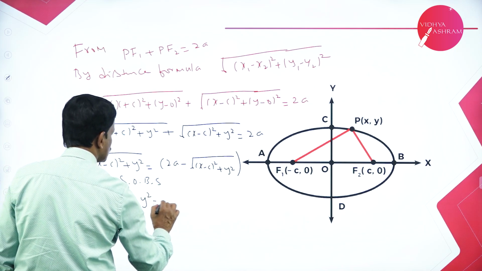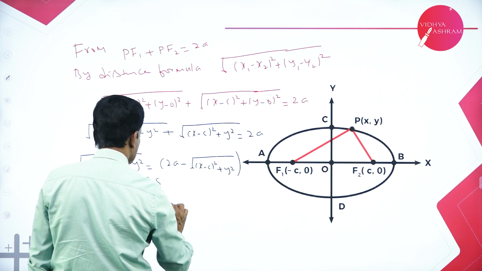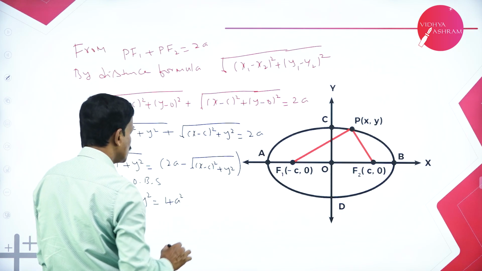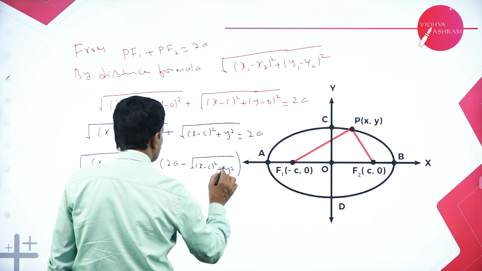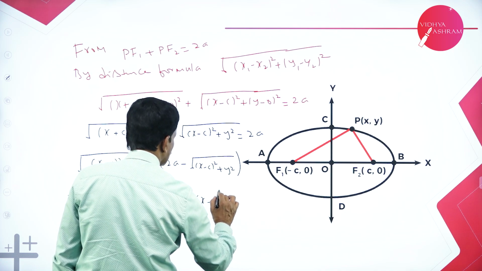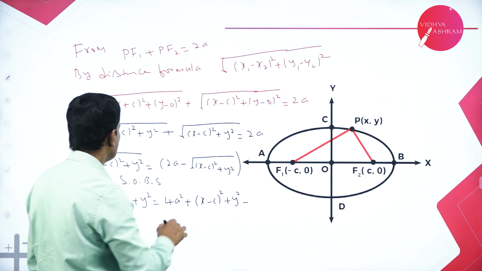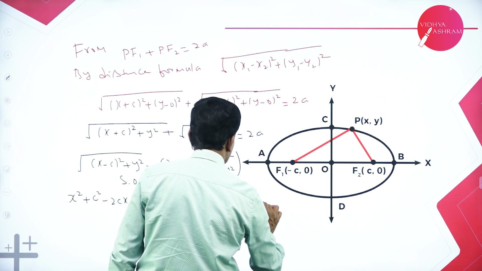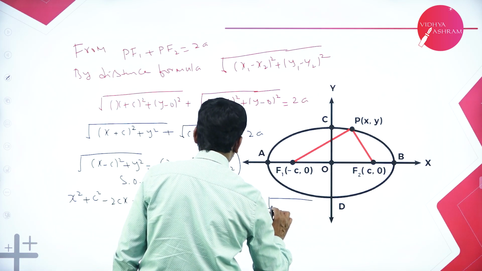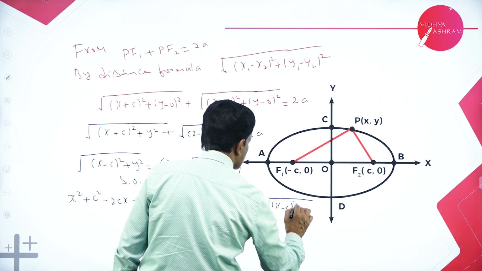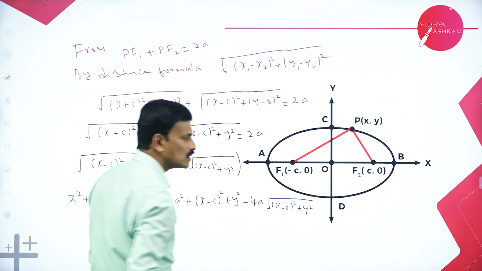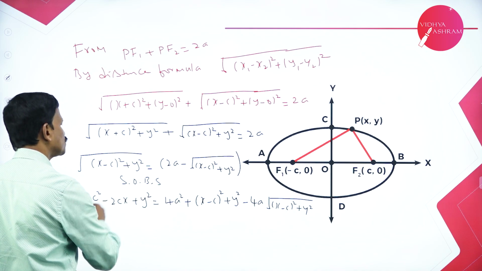So we get (x plus c) whole square plus y square equals 4a square plus (x minus c) whole square plus y square minus 2ab, where 2 into 2 is 4a, into root of (x minus c) whole square plus y square. Now transfer this quantity to the left hand side.